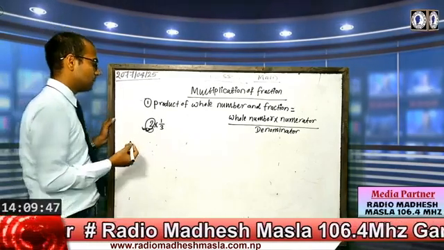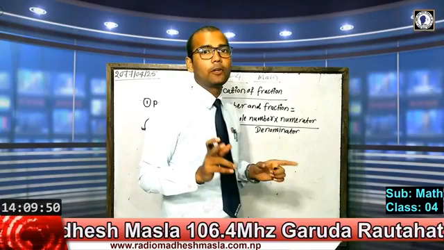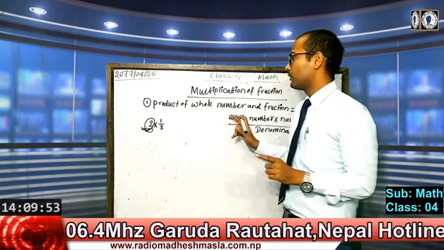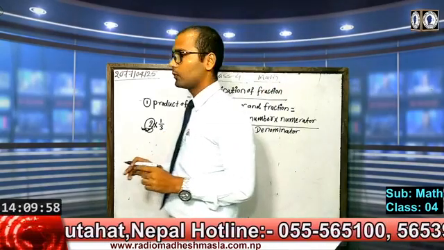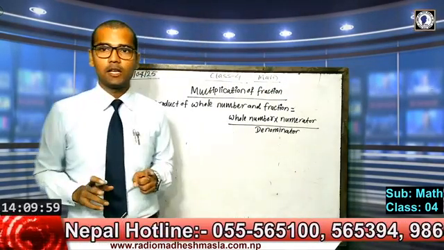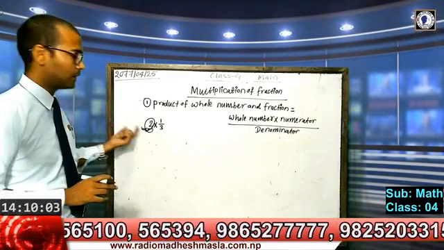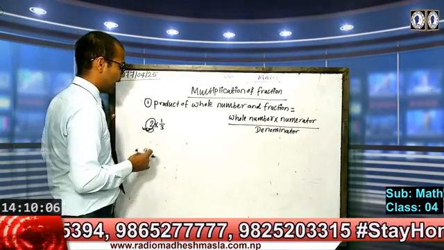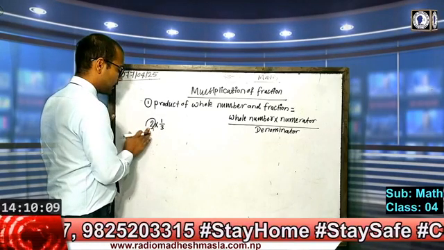As you know, the numbers which have both numerator and denominator are called fractions. But in this multiplication, we are not given any denominator with the first number. So 2 has no denominator, so it is a whole number.